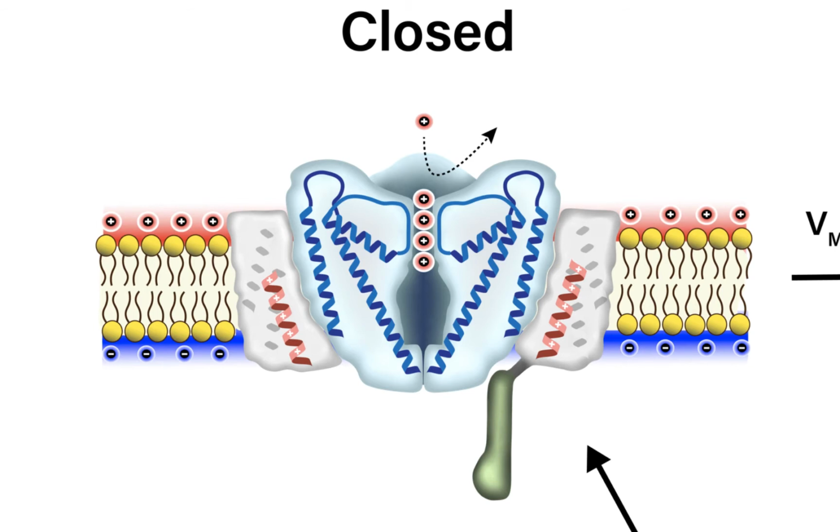When the voltage sensors are in the downward position, this causes the voltage gate to occupy the closed conformation. So the voltage gate is shut. This blocks the channel pore, preventing sodium ions from making their way through the channel pore down sodium's electrochemical gradient, which tends to favor outside to inside movement.